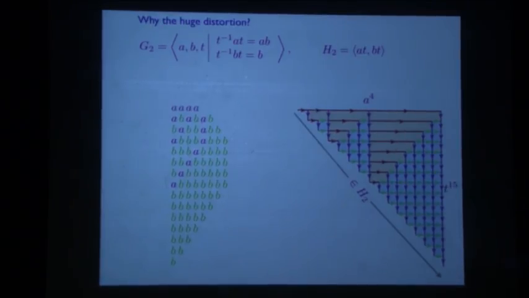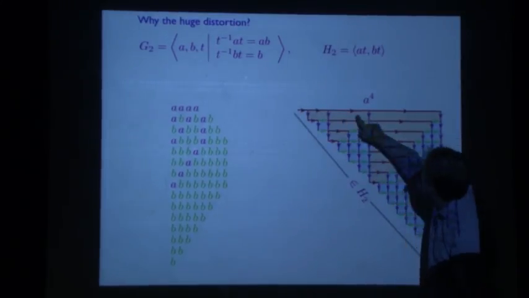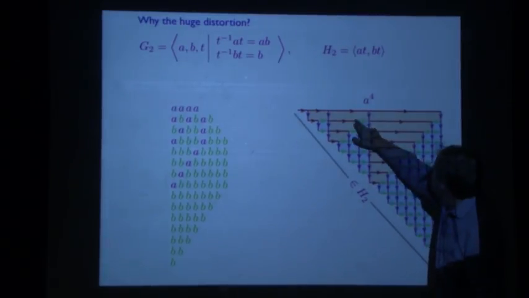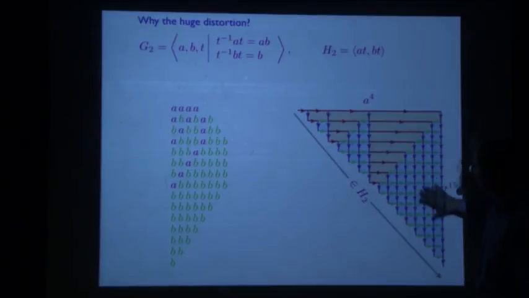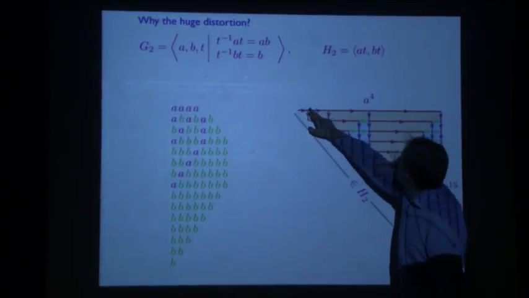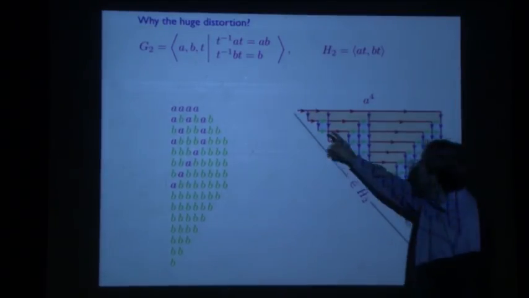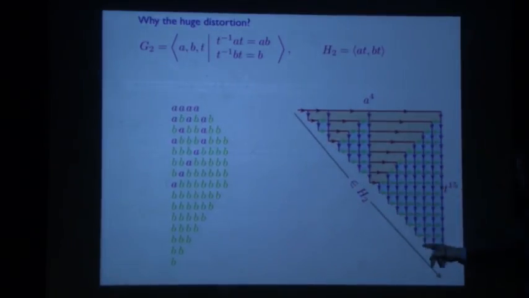This is called a Van Kampen diagram. So this is a graphical representation of the fact that in this group, consider all horizontal red edges labeled by A's, all horizontal green edges labeled by B's, and all vertical edges labeled by T's. So this diagram says that A to the 4 times T to the 15 equals AT, AT, BT, AT, BT, BT, BT, AT, BT, BT, BT, down to that.